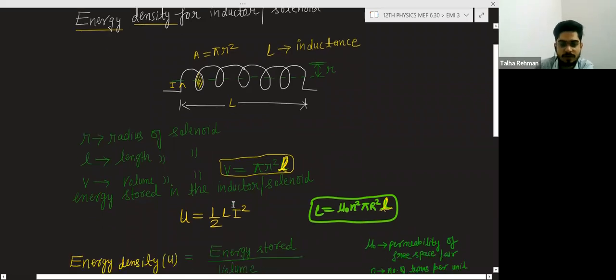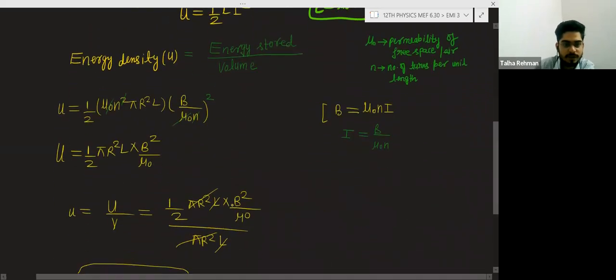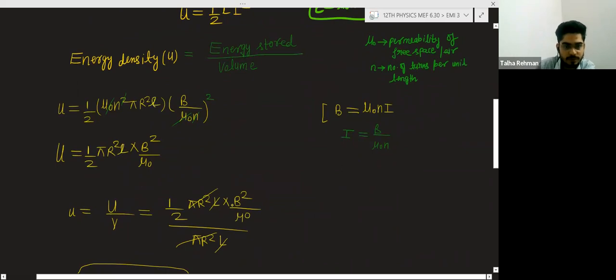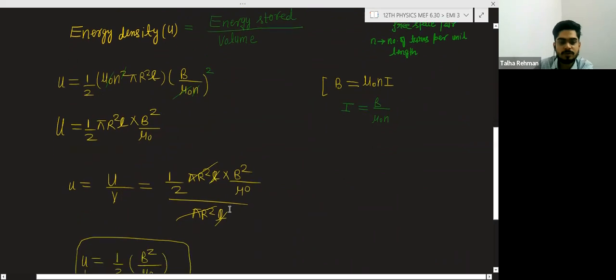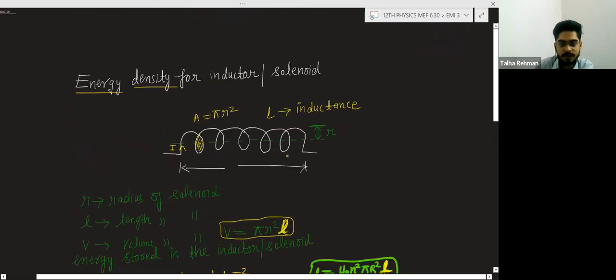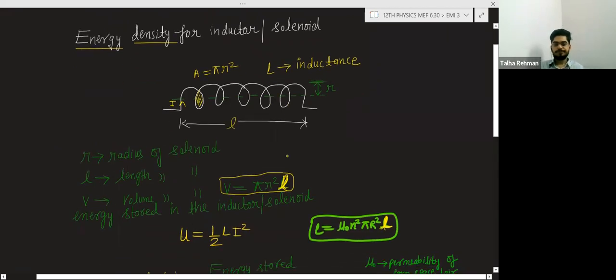Here is small l, and here also will be small l. Otherwise, there will be confusion. So here also we will take a small l. Okay, note down.